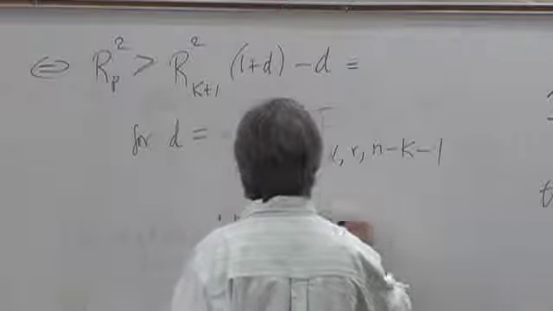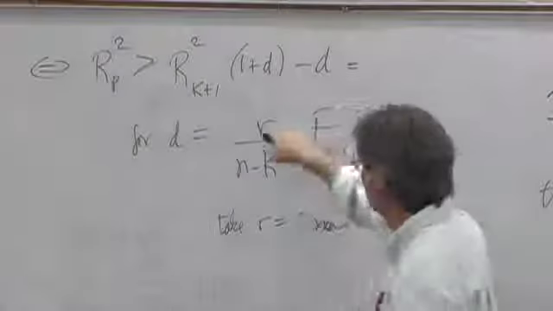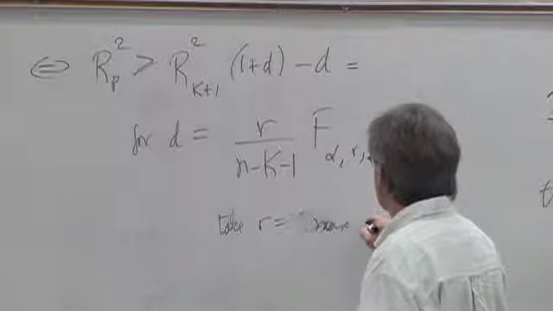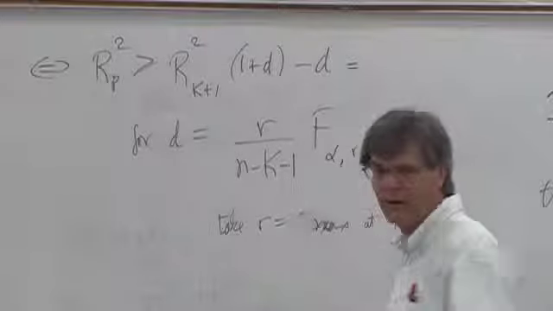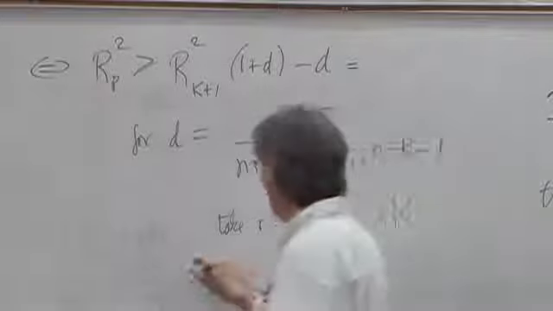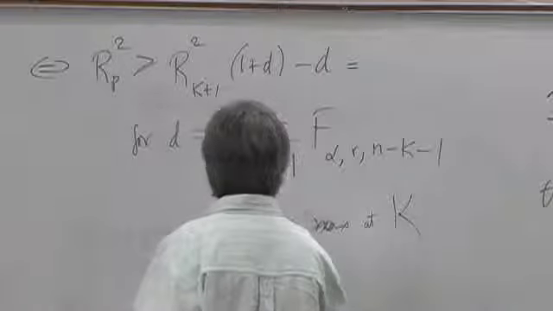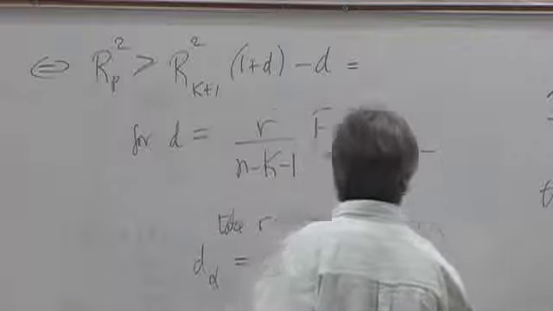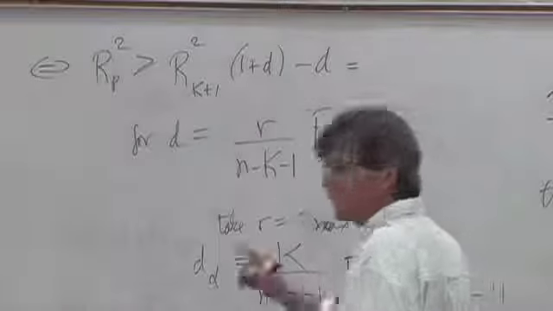It turns out that this F percentage point increases and also this factor increases at capital K. And then I'll get D alpha equals K over N minus K minus 1 times F alpha, K, N minus K minus 1. Let's see what that is for our example.